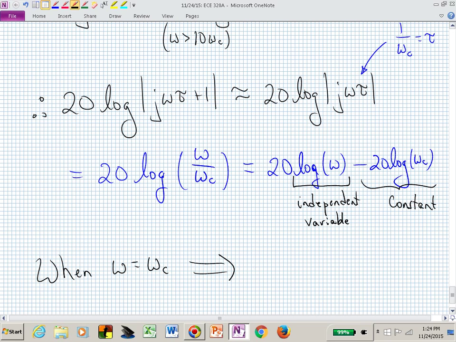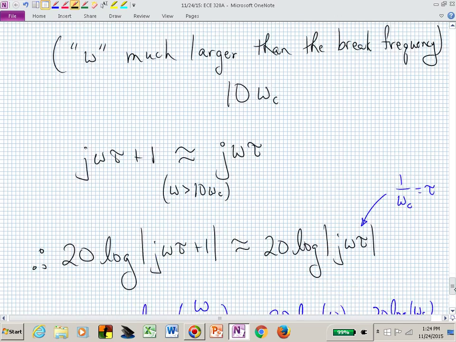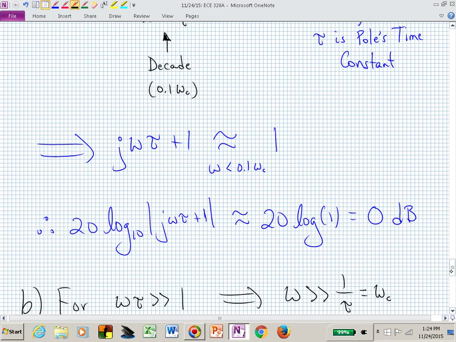This one now gives us 0 dB. So at the limit, if we went a little bit smaller than 10 omega c and went all the way back to omega c, then we would be at 0 dB. And what did we start with for low frequencies? That was giving us 0 dB. So we find the intersection of these two lines.